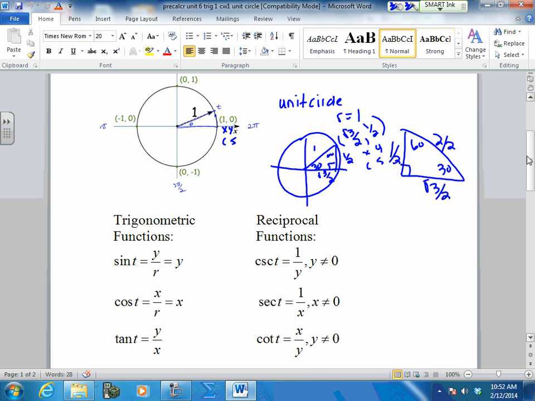On the unit circle, it has unique little features. Because the radius is 1, if we put it over 1, it is itself. We just have to make the radius be 1. So once our radius is 1, then our x is the cosine, our y is the sine. Our tangent, therefore, is y over x.